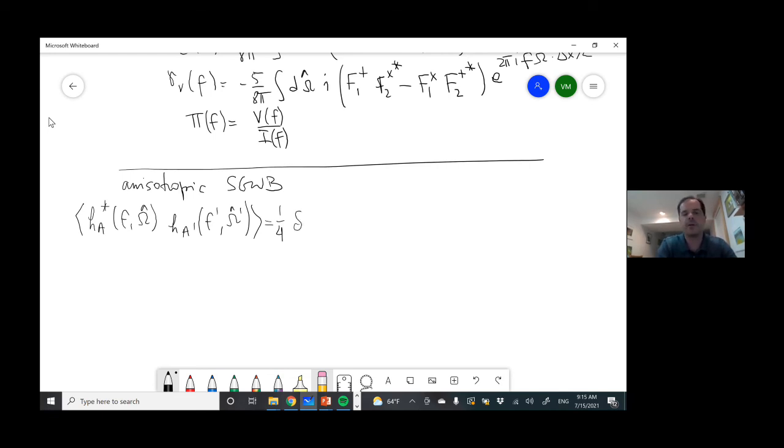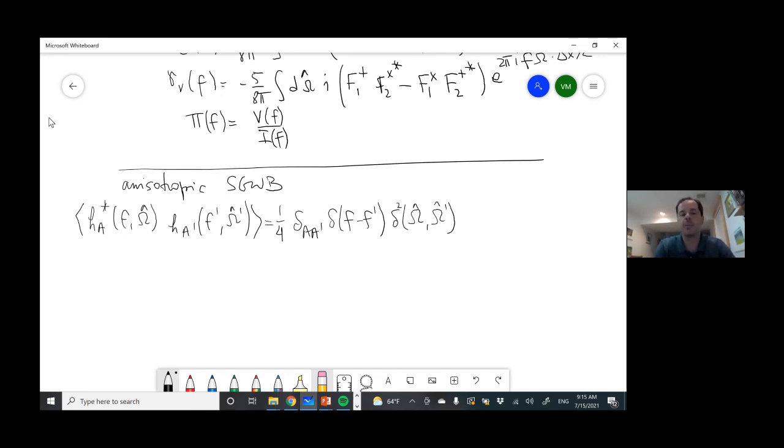Then there is a delta function. We're going to assume that the two polarizations must be the same. We have the delta function in frequency again. We have a delta function in omega. This is a two-dimensional delta function.